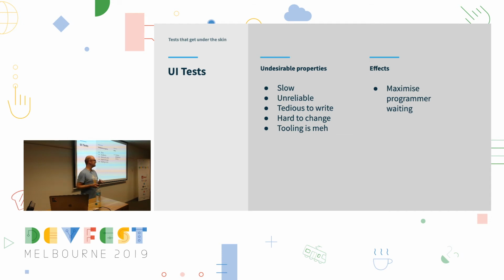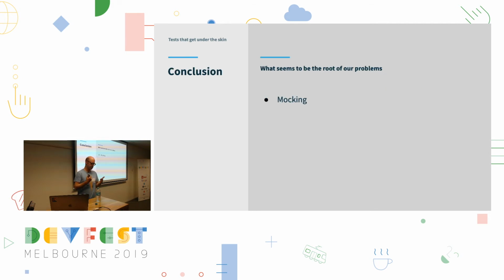So they definitely maximize our programmer waiting, and they can be expensive to write and expensive to change. That's just that. So let's look at a little conclusion. One of our problems definitely was mocking, right?